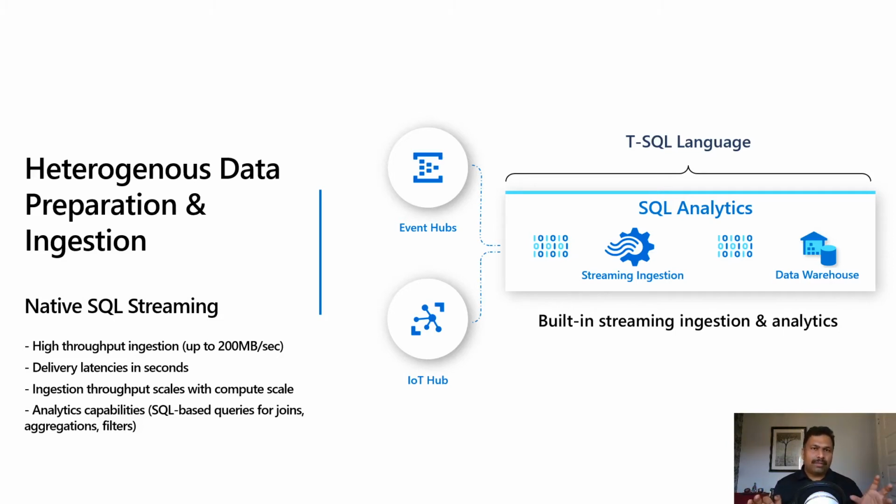And with IoT Hub, you can even ingest the logs coming from your Internet of Things devices. All of them can go through Azure Stream Analytics, and then an Azure Stream Analytics job can process the data directly into the data warehouse itself. So with the ability to process streaming data using Azure Synapse Analytics, you can process both batch and streaming data.